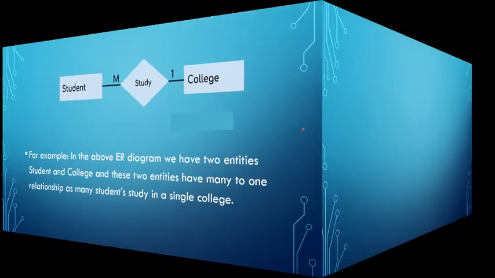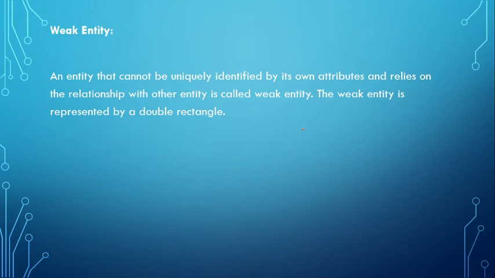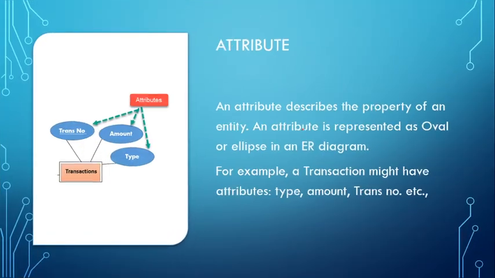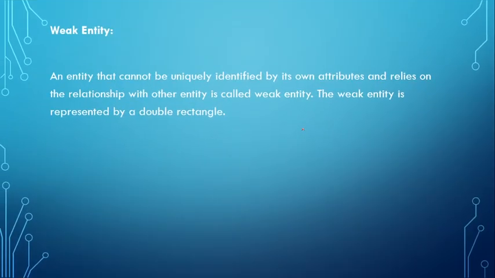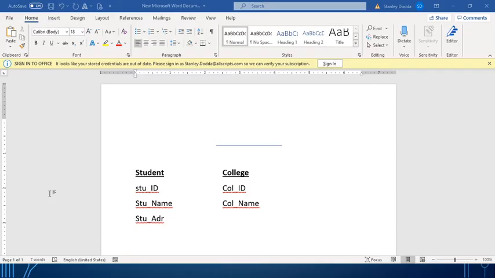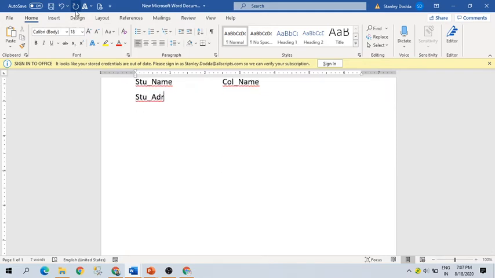Okay, now let's look at the other thing. An entity that cannot be uniquely identified by its own attributes and relies on the relationship with another entity is called a weak entity. A weak entity is represented by a double rectangle. Sorry, I forgot to draw the diagram. So a weak entity is represented by a double rectangle, and here I will show you the weak entity.